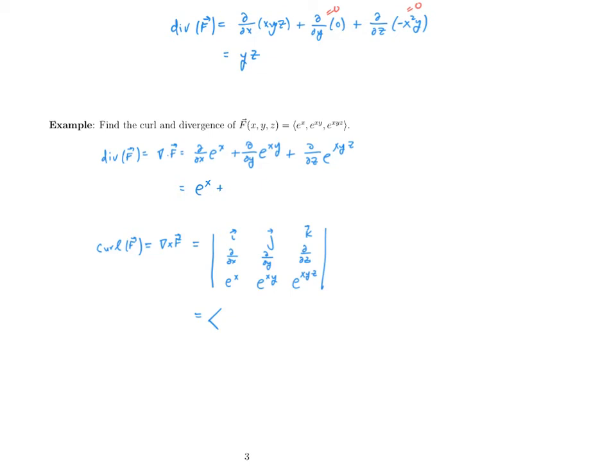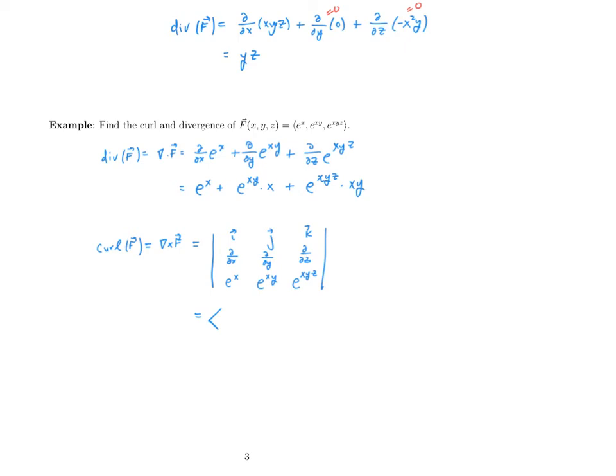And using the chain rule, we would have e to the xy times the partial of xy with respect to y, and then the partial with respect to z of that third entry. So using the chain rule, the derivative of the outside evaluated at the inside, multiplied by the derivative of the inside with respect to z, which is xy. And I would leave it exactly in this form.